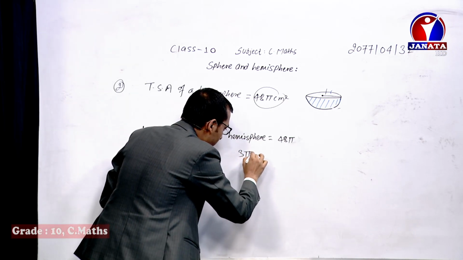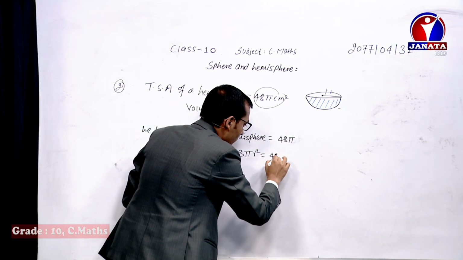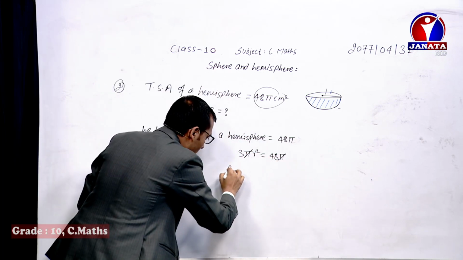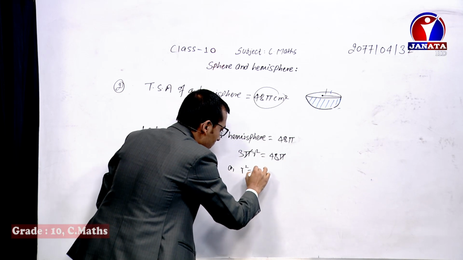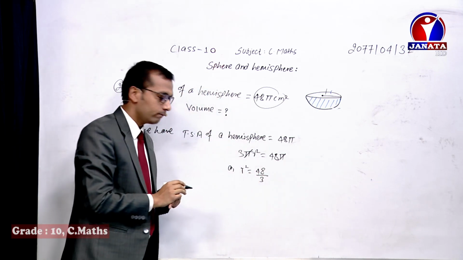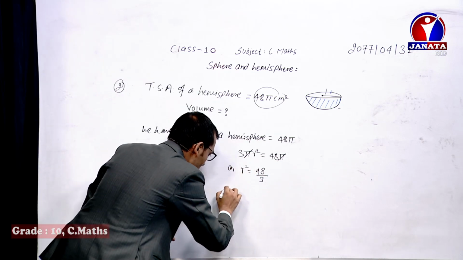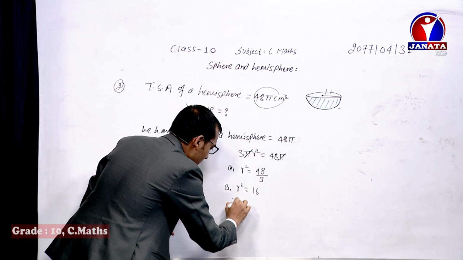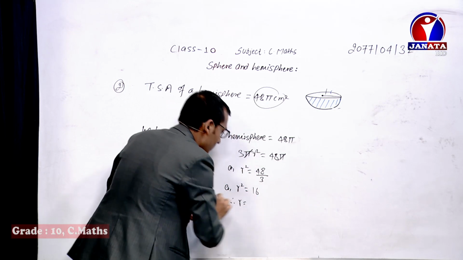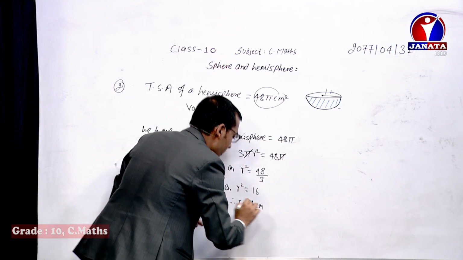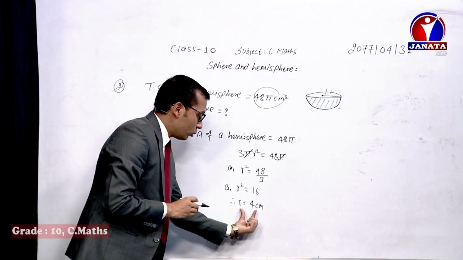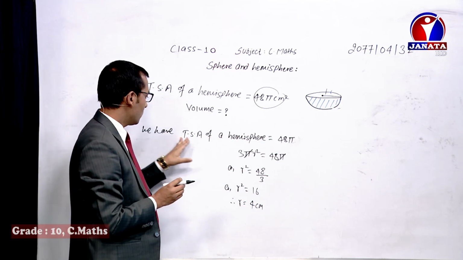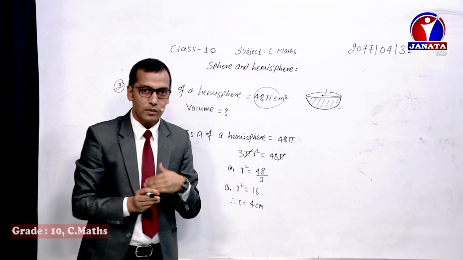It's 3 pi r square, which is 48 pi. So we can cancel pi, so r square is 48 over 3. So what is r square? 16. Therefore the radius of the hemisphere is square root of 16, which is 4 centimeter. Now we know the radius of this hemisphere whose total surface area is 48 times pi.